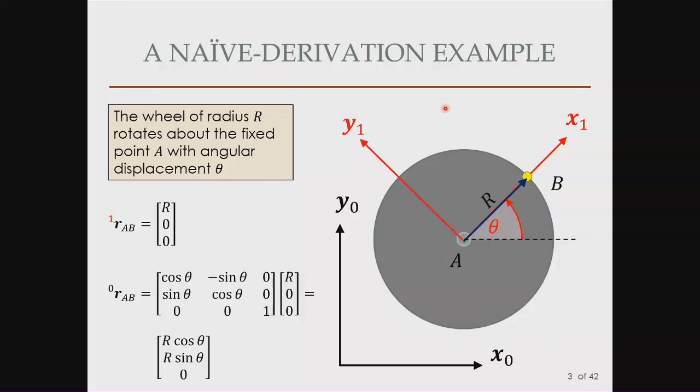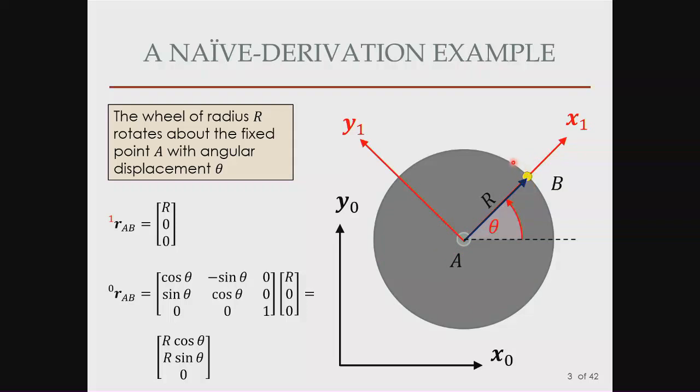So what is this example? Imagine point A is fixed. It's a fixed axis of rotation, and you can think of it as a disk rotating about this point A, which is a hinge. And there is this point B on the perimeter of this disk.